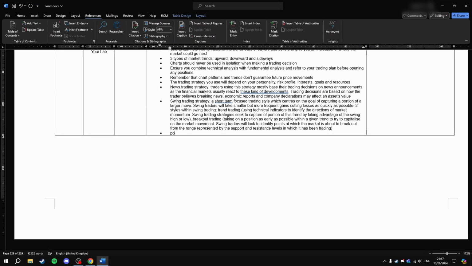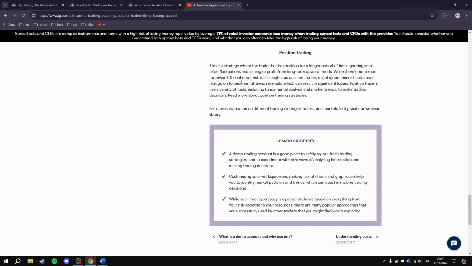Position trading strategy. This is a strategy where the trader holds a position for a longer period of time, ignoring small price fluctuations and aiming to profit from the long-term upward trends.